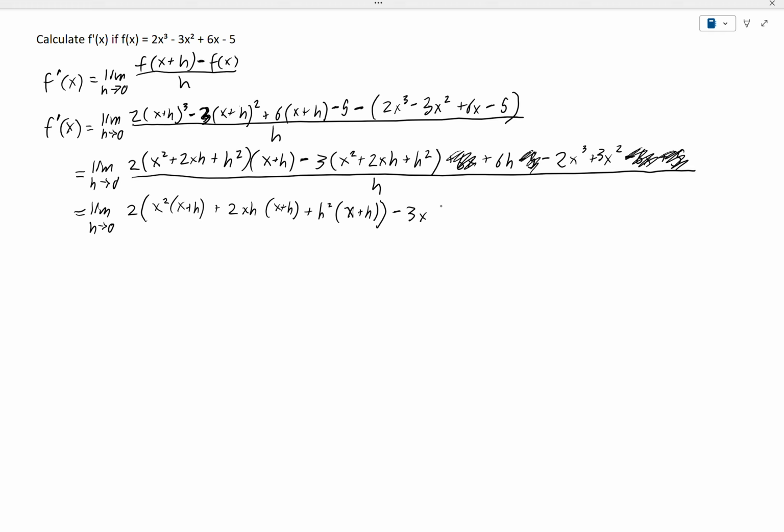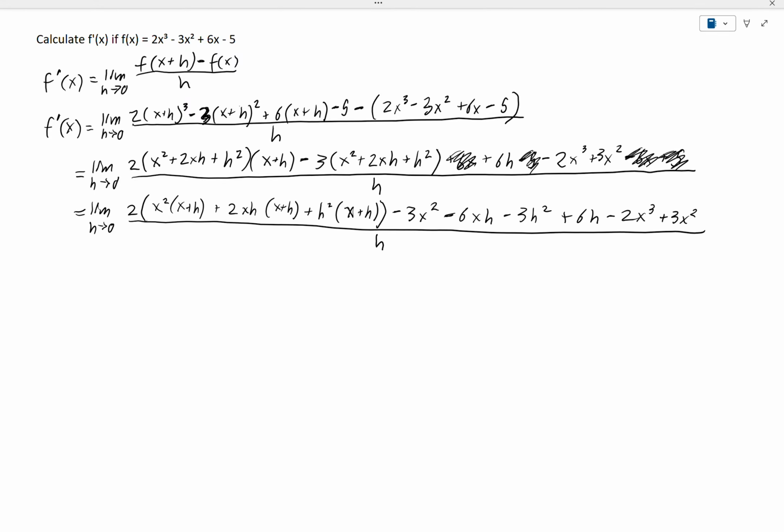Actually, I'll distribute the negative 3. So that's minus 3x squared minus 6xh minus 3h squared. And I'll just tack on whatever was left from the previous step. We'll see if maybe distributing that 3 allows us to cancel some more stuff before we deal with this at the beginning here.